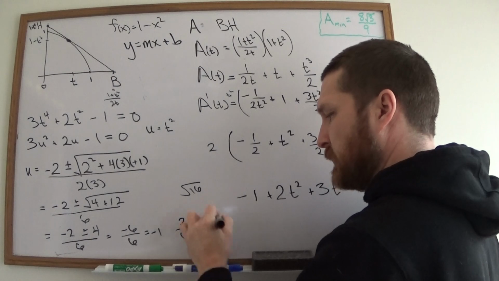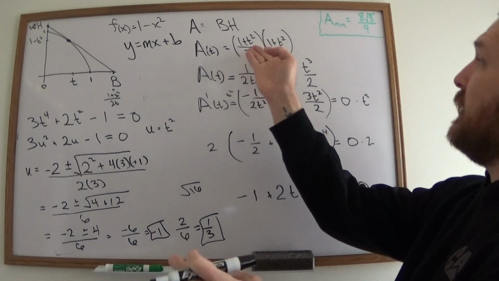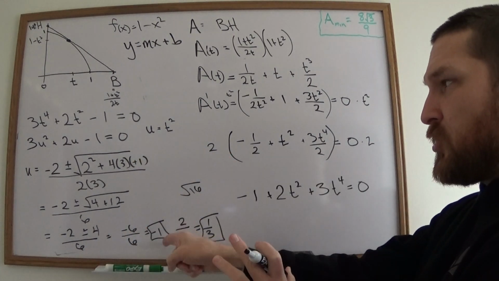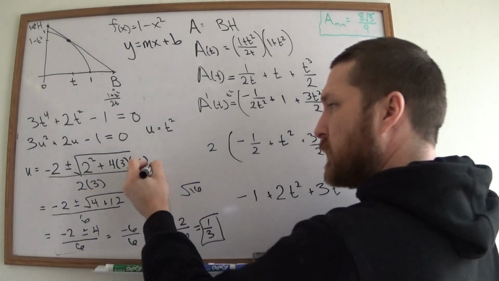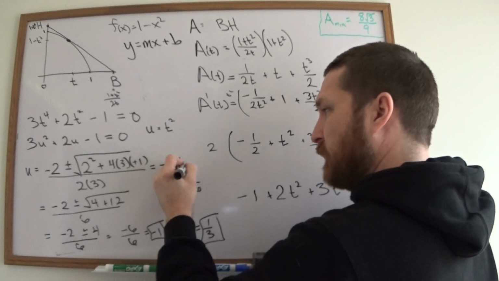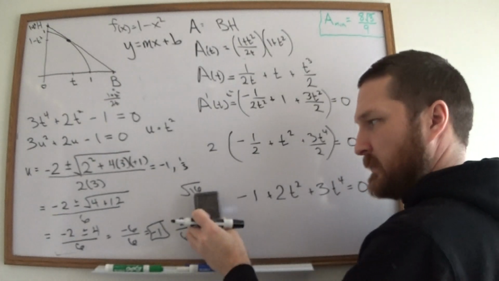So we have 2 possibilities now. Because you might say, oh, it's that, plug it in. No, wait, remember we did this. We just solved for u. We said that u is either negative 1 or positive 1/3. So now let's go back and find out what t has to be.